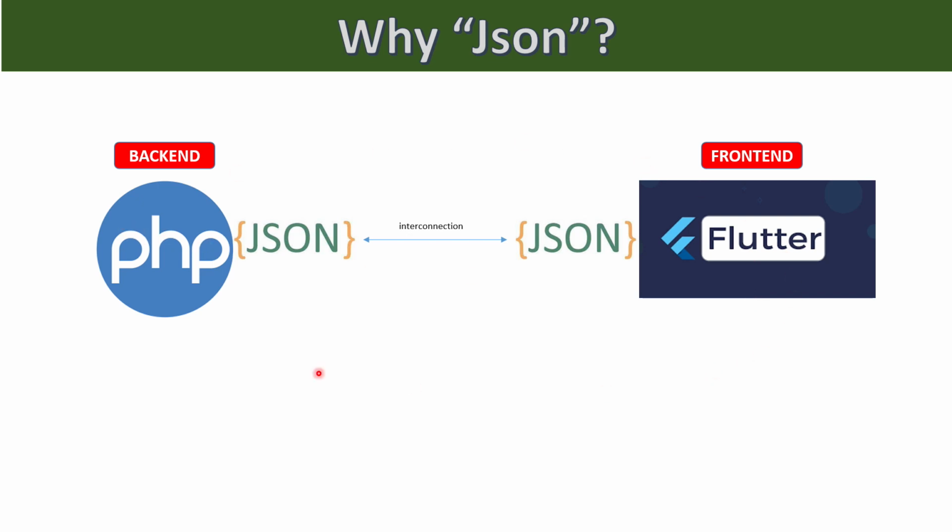The backend and front end both know about JSON. PHP knows JSON, and Flutter knows JSON. So this is the interconnection between PHP and Flutter. We use JSON because all of them know about JSON. This is why we use JSON here.